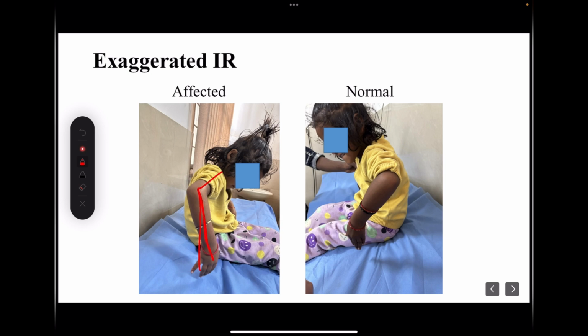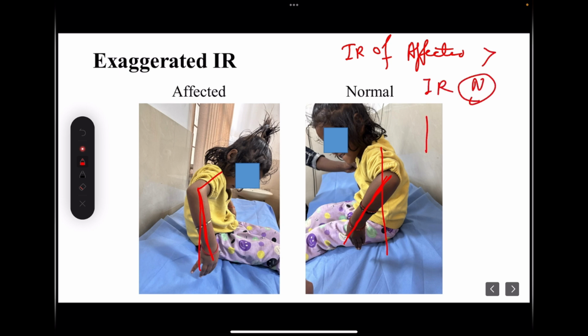Internal rotation of the affected side was more than internal rotation of the normal side, and concomitantly external rotation of the affected side was less than that of the normal side.